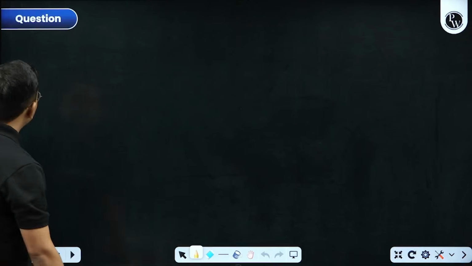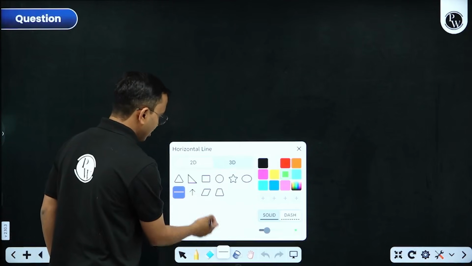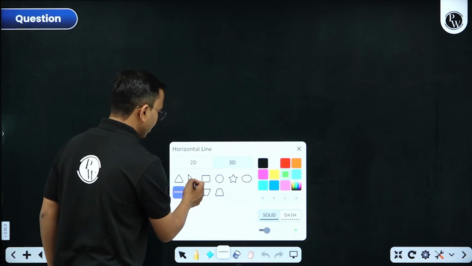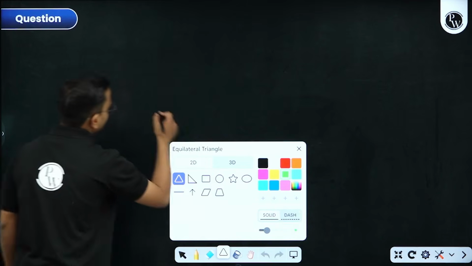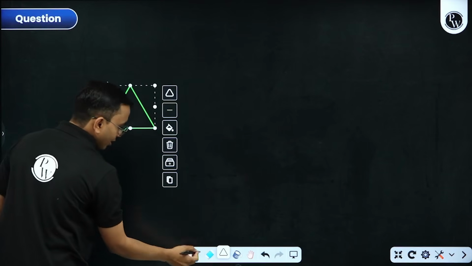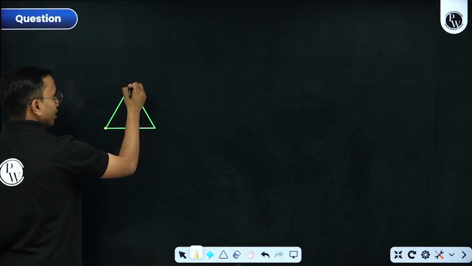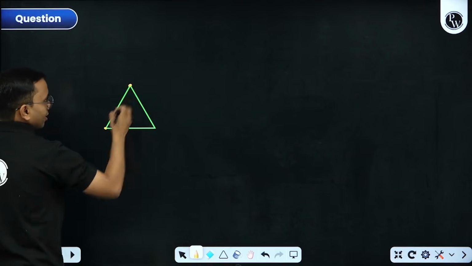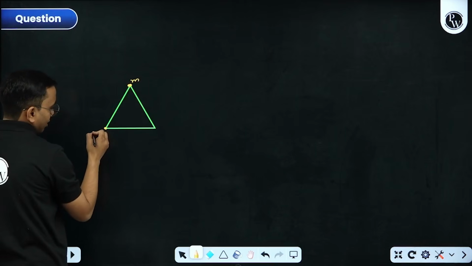Yeah. So let us do a question on this. Let us take an equilateral triangle. This is my equilateral triangle. I'm having two identical masses first.